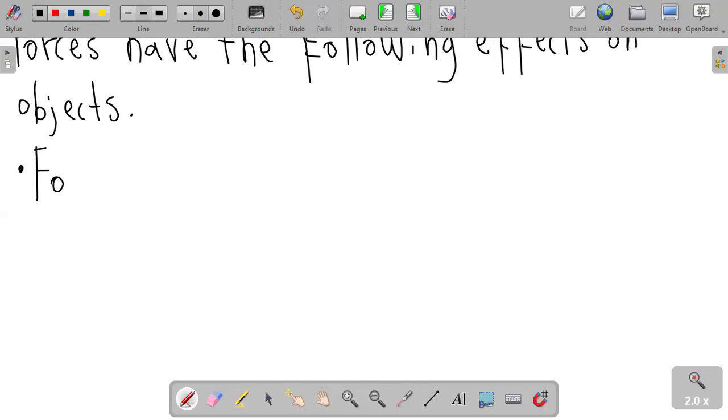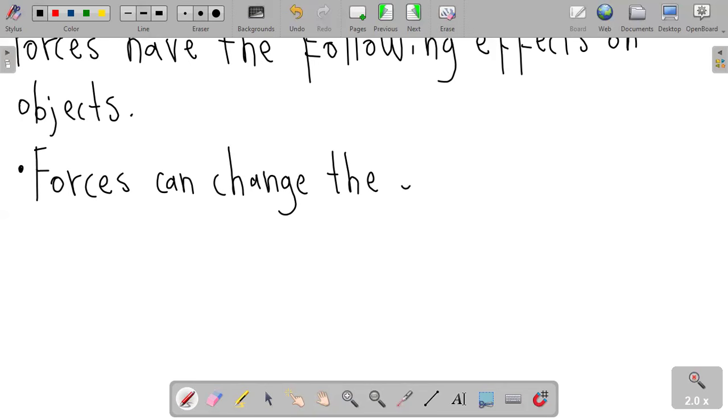So forces can change the shape of an object. Okay. The keyword here is shape of an object.